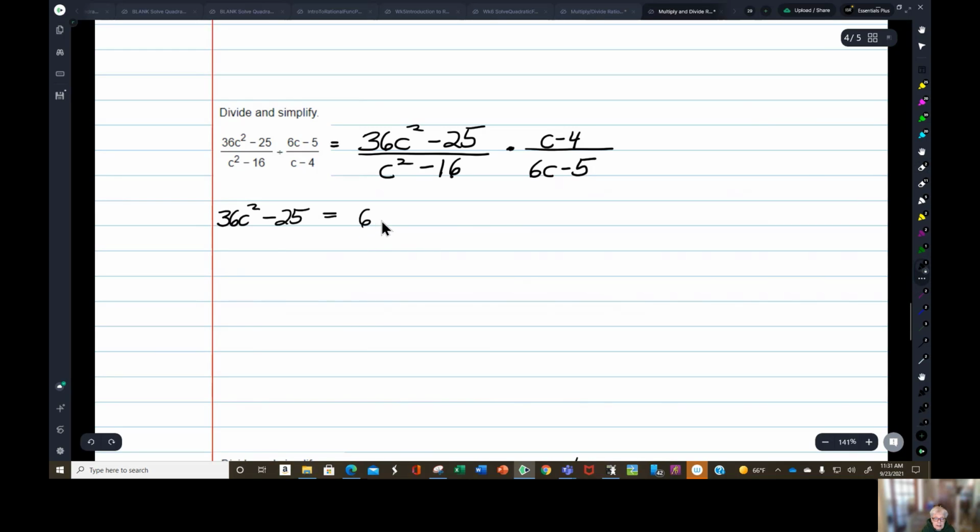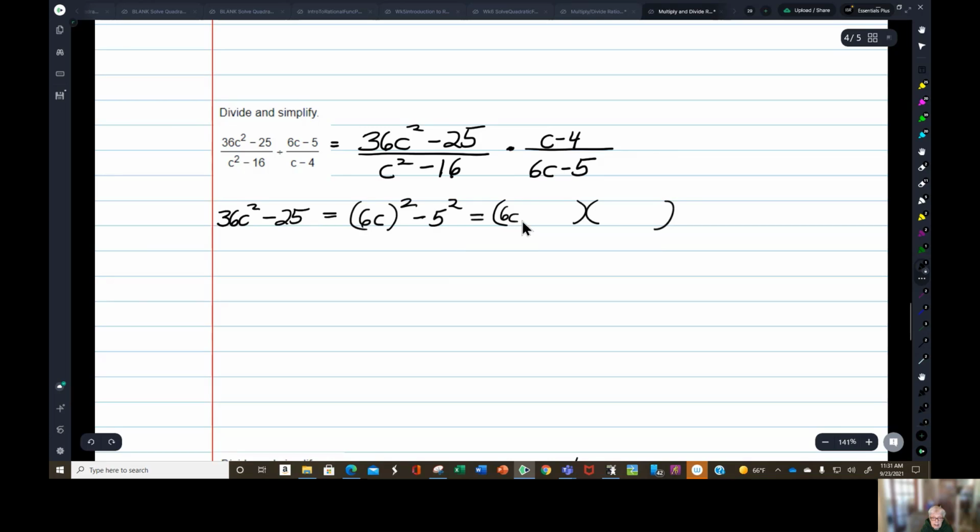Okay, 6c squared, like that, minus 5 squared. That's what that is. And then that will let me factor by the difference of squares.